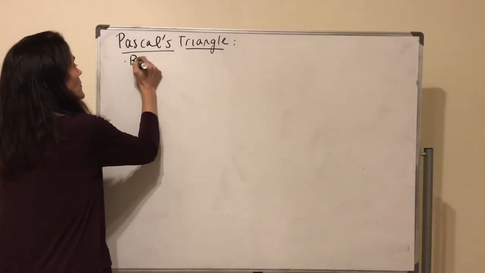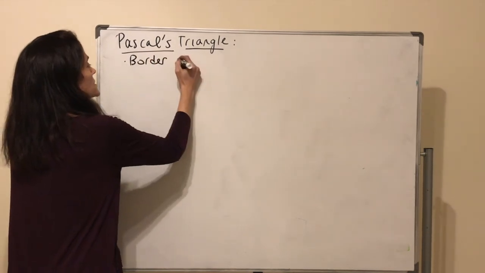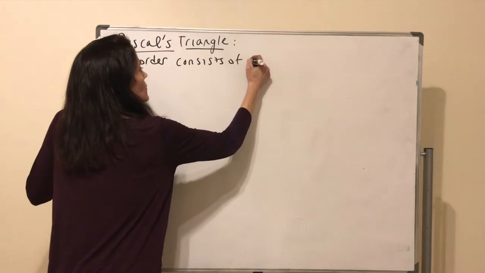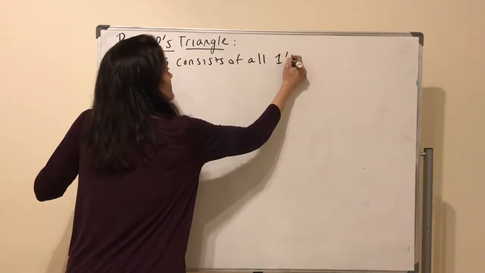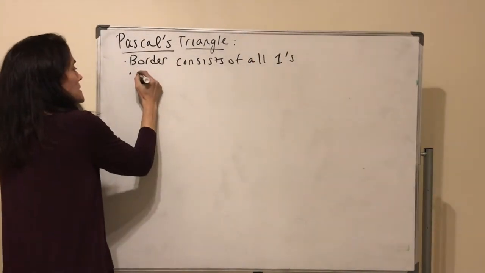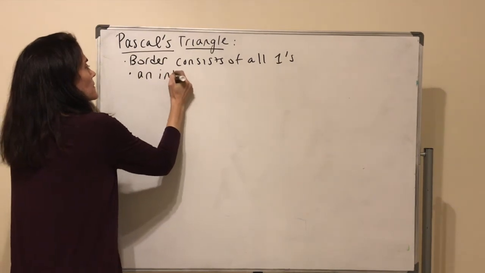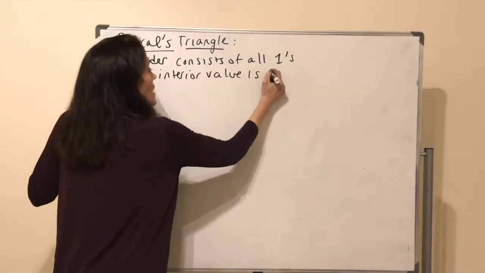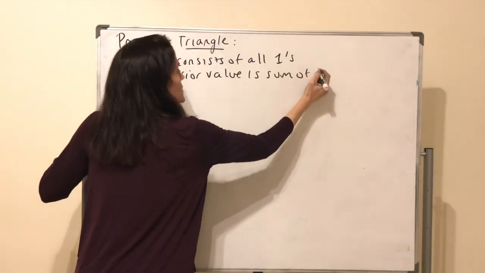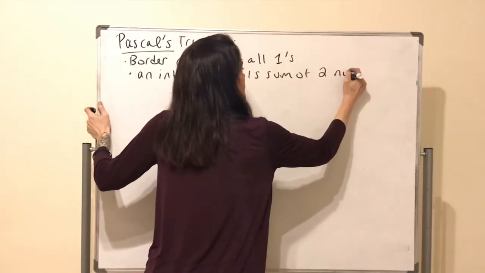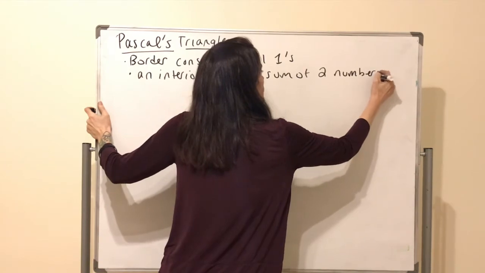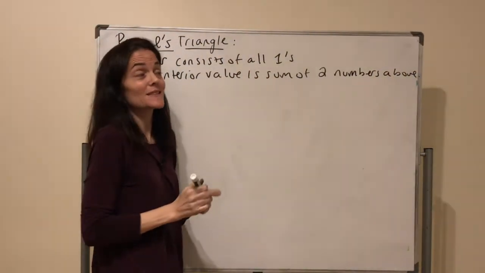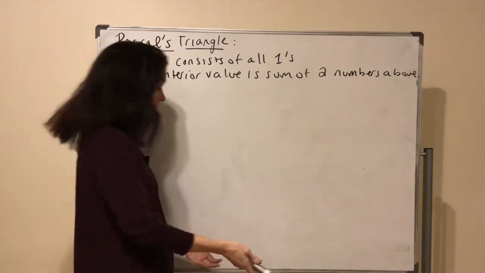The border consists of all ones. And then any interior value is the sum of the two numbers above it. And this creates this infinite Pascal's triangle.